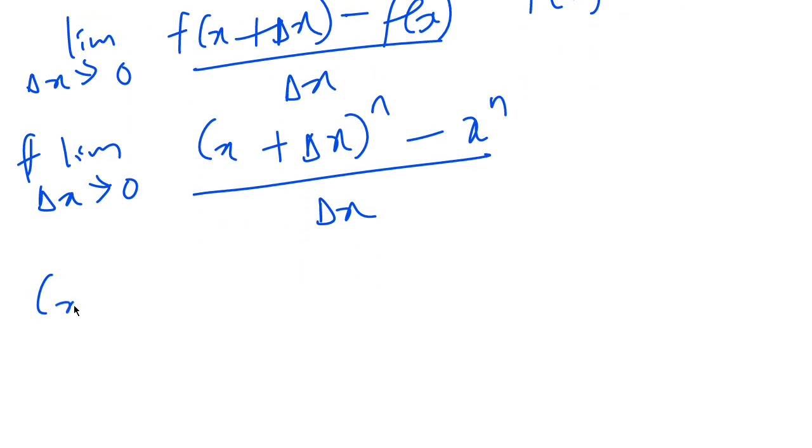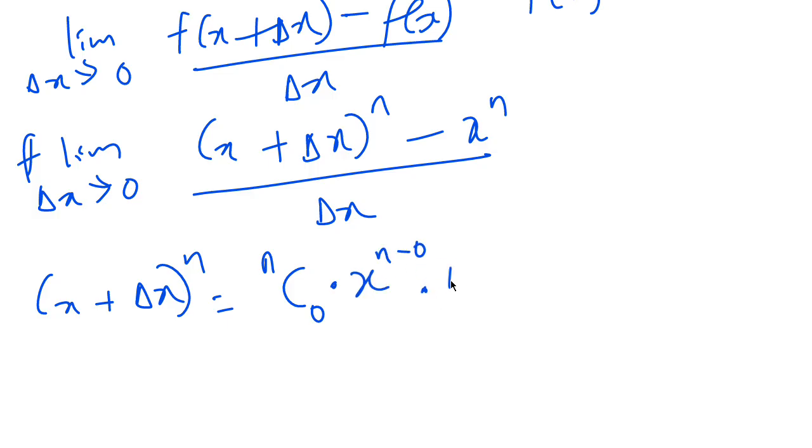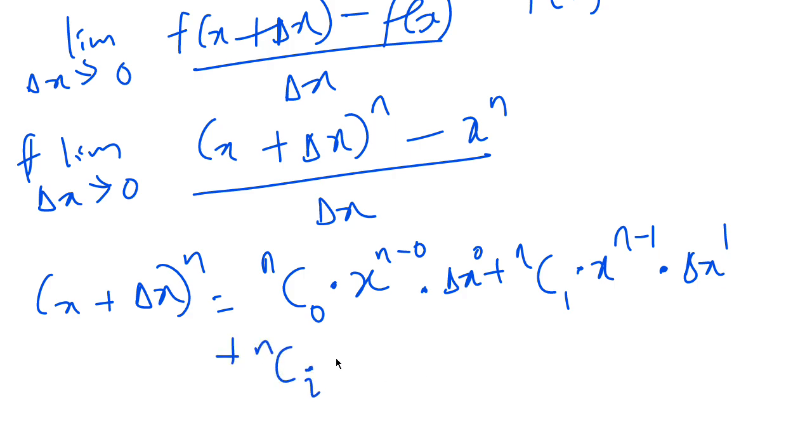So this is x plus change in x to the power n, right? And then using the binomial theorem, we did that in Maths 101. We'll first of all say n combination 0, x raised to the power n minus 0, change in x to the power 0, and then n combination 1, x to the power n minus 1, change in x to the power 1, and then it continues: n combination 2, x to the power n minus 2, change in x squared, and then it continues.